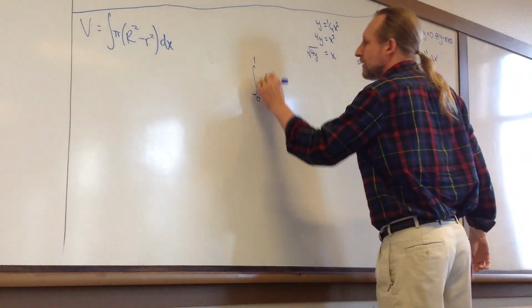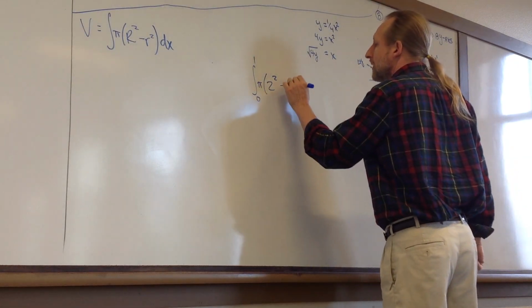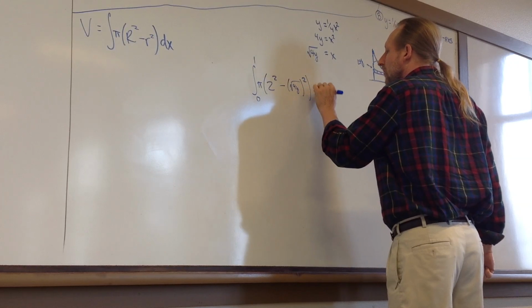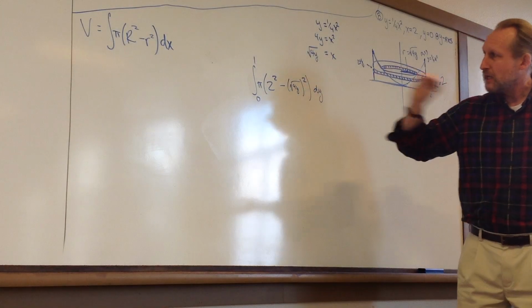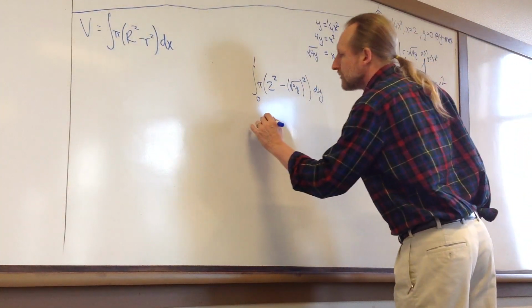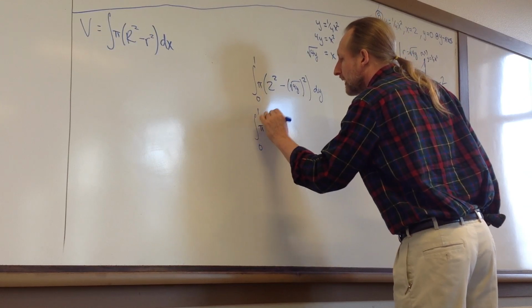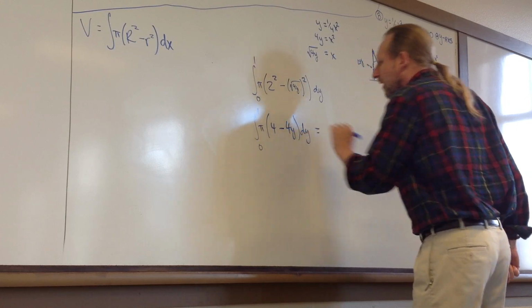Now this one's not really a function because it's a constant. So it's 2 squared and then minus square root 4y all squared. Well, this works out really nicely because when you square a square root, the 4y just comes out. And so this is the integral from 0 to 1, pi times 4 minus 4y dy.